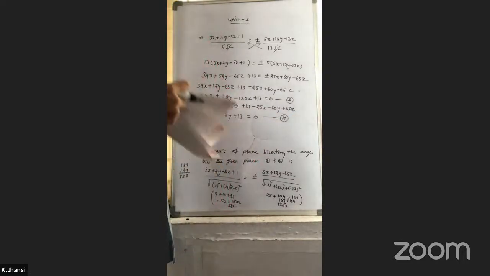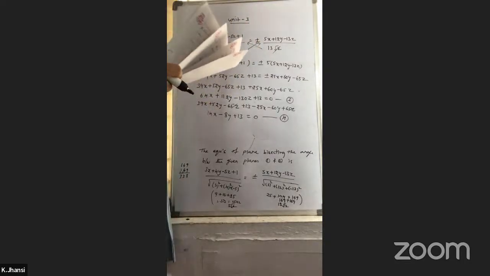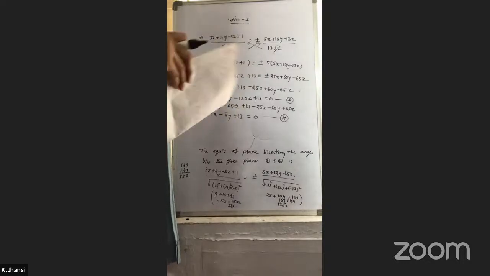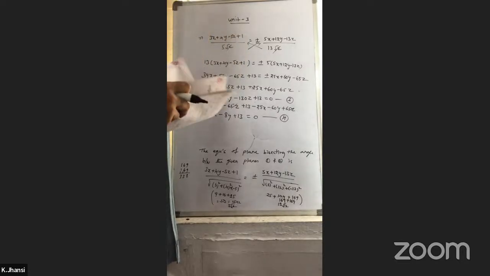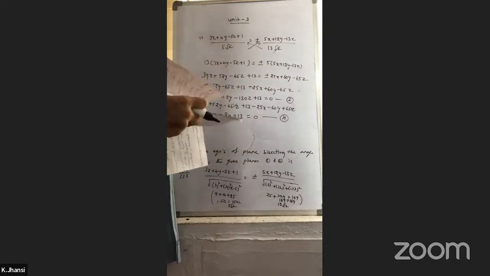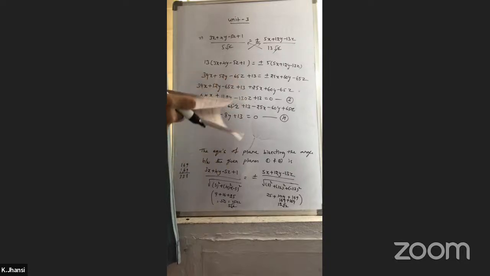Okay. Either with 1 and 3 or 2 and 4, you can find the angle between the two planes. If theta is the angle between, that is, theta is the angle between which equations? So 1 and 4 also you can take.